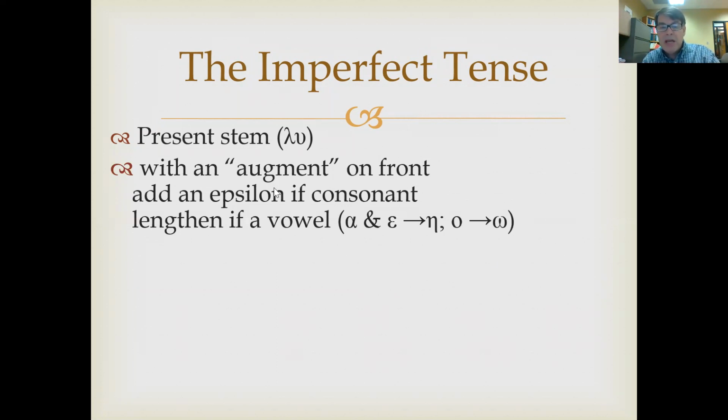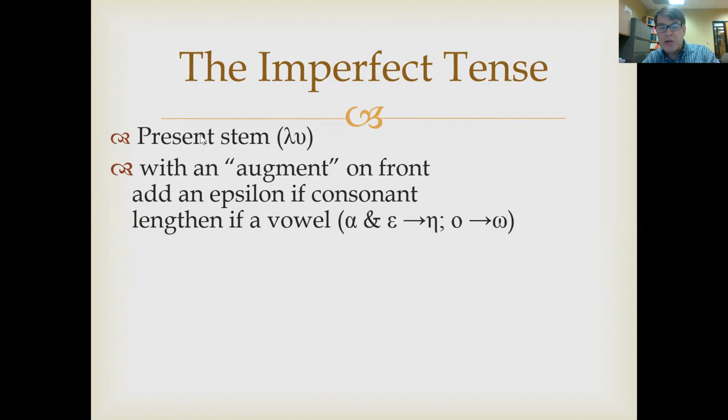Because sometimes if a word is, say, in the imperfect tense, frankly, this works for all past tenses in the indicative mood. In the indicative mood, if you make something past tense, it's going to augment the front. The augment, in my opinion, indicates past time. So the augment does mean time, because you don't get augments in other places in Greek. It's when it's talking about past time that you get that augment.